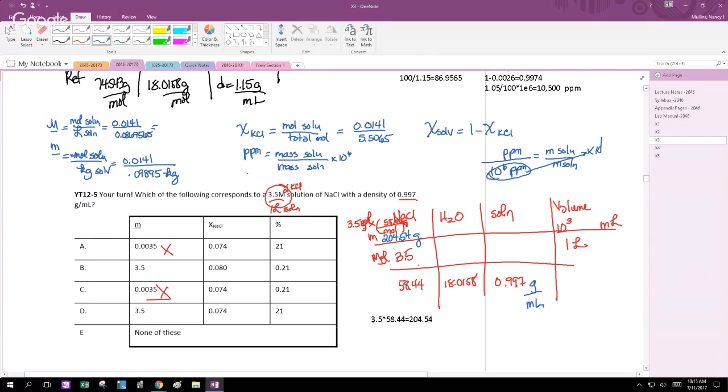Absolutely. So remember that density is mass over volume. So if I need the mass of solution, it's going to be my volume times my density, 10 to the third milliliters times 0.997 grams per milliliter. Gives me 997 grams.